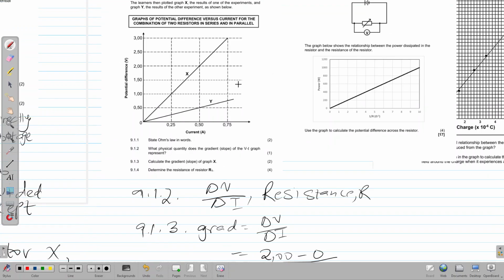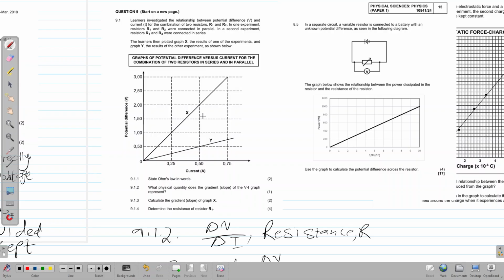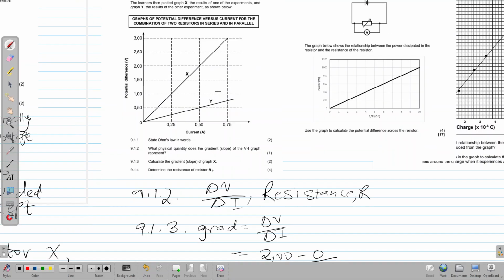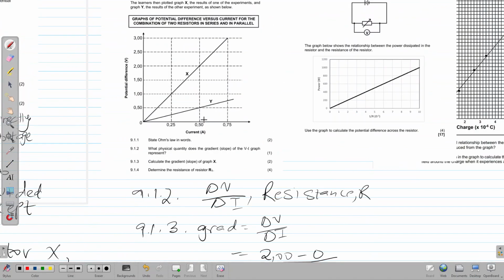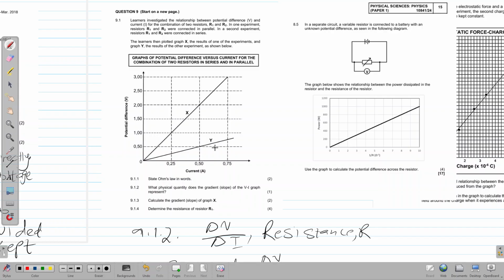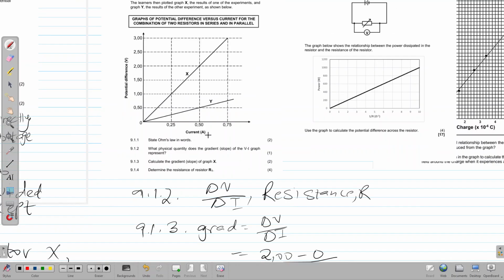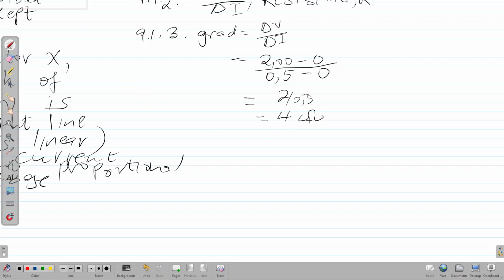So we need to figure out first which one is series and which one is parallel. And we have two unknowns, so then we will have simultaneous equations to determine resistor R1. So let's first figure out which one is series and which one is parallel.